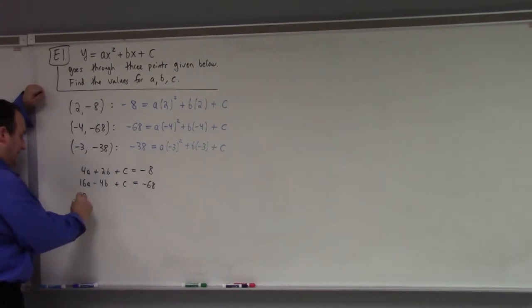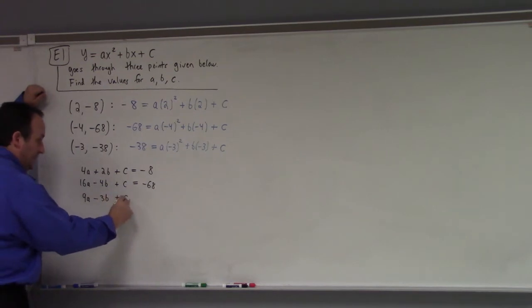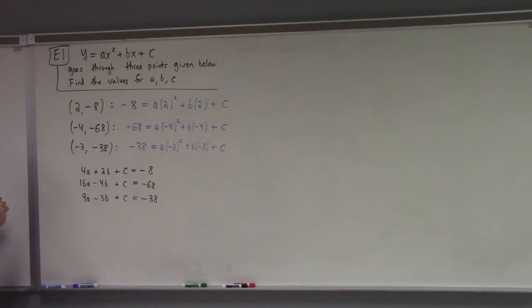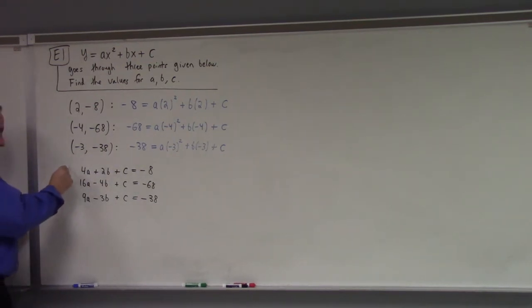And 9a minus 3b plus c equals -38. Let's label these equations 1, 2, and 3. Ooh, horrible.